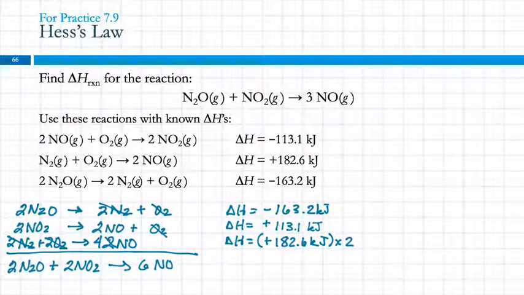And for that equation, we would add these things together. Minus 163.2 plus 113.1 plus 182.6 times 2. So delta H for this reaction is positive 315.1 kilojoules.